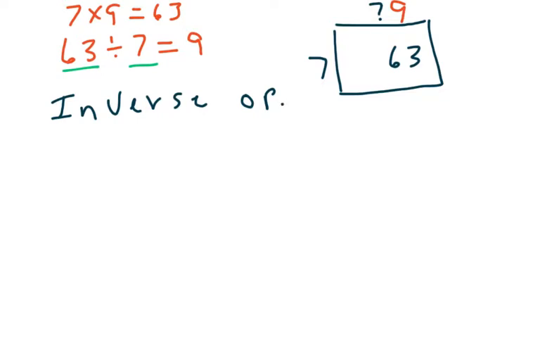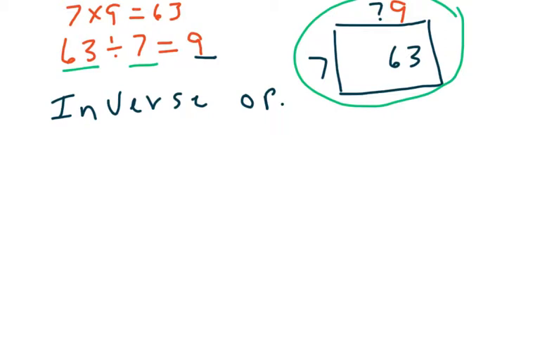Again, 7 times 9 is 63, and 63 divided by 7 is 9. That's the inverse. They undo each other because we get to 9 when we divide by 7. It undoes our multiplication problem. And so the same model can be used for either multiplication or division. So now let's see. Just as addition and subtraction are inverse operations, so are multiplication and division inverse operations.